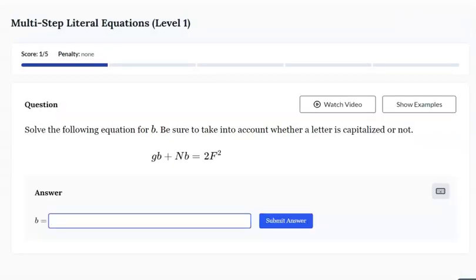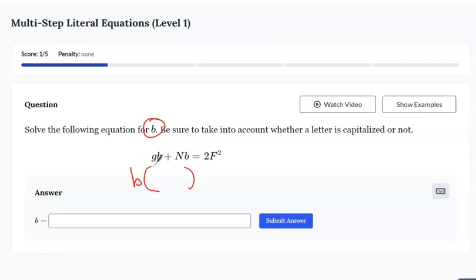One more time. We want to get the letter lowercase b by itself. I'm going to move this entire, oh no, let's see here. There's a b here and a b there. And they're not like terms. So what we want to do is focus on getting both of these b's into a single b. We're going to do that by factoring.